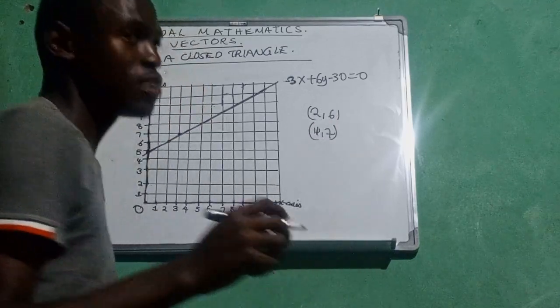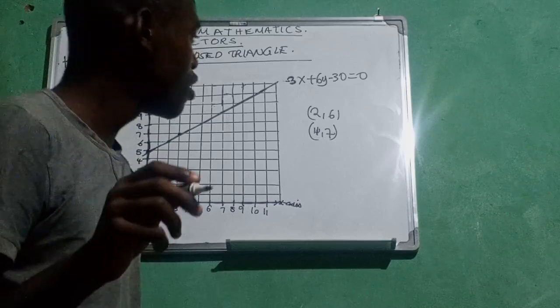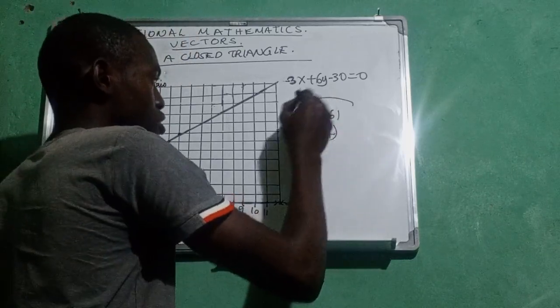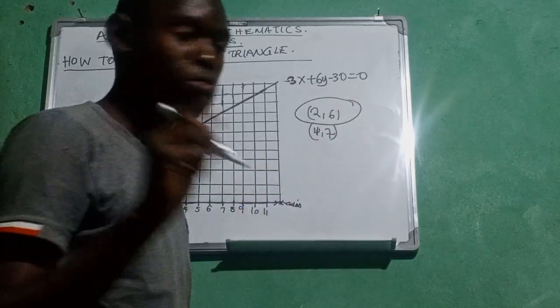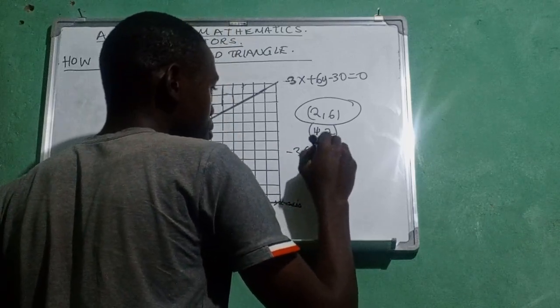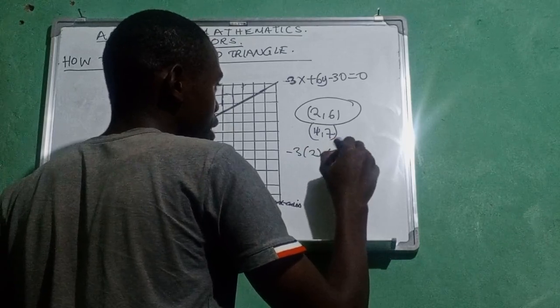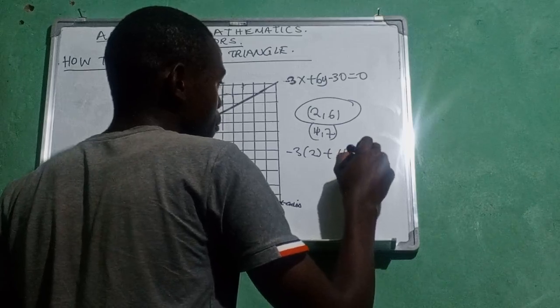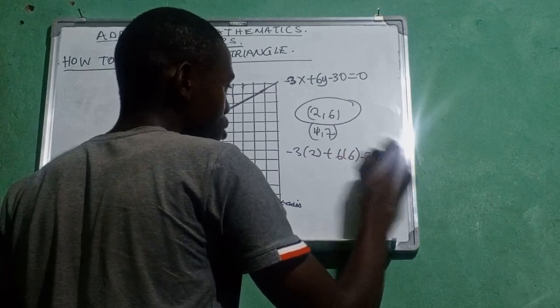The good part is that when you find a coordinate, for example 2, 6, you prove it. You say minus 3 multiplied by 2 plus 6 multiplied by 6 minus 30 is equal to 0.